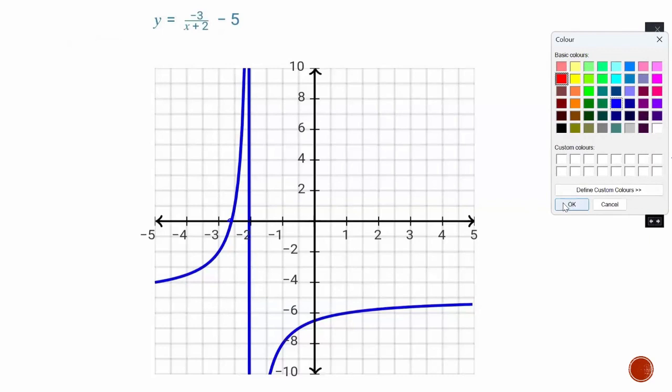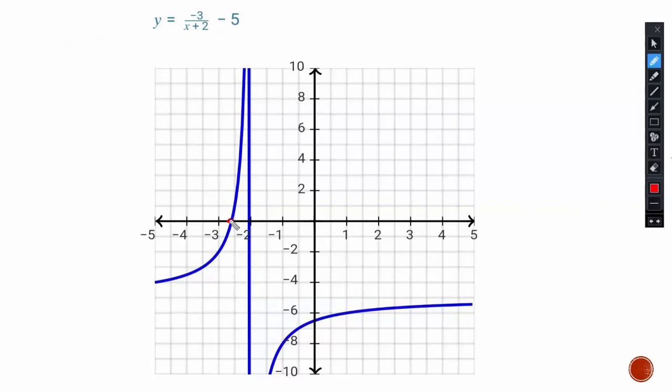Remember, it's just us having to predict the value there, right? And then we also calculated the other one. It was negative 6.5. So considering that we must have 7 here, then obviously in between we can have the negative 6.5. So there we go. So clearly indicate the intercept, and then let's clearly indicate all the asymptotes.